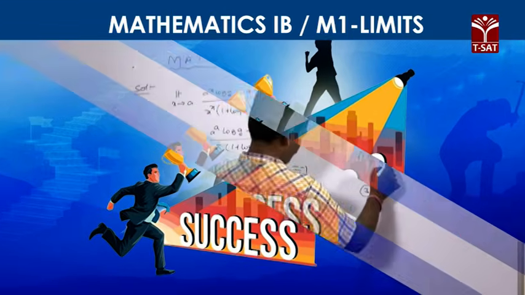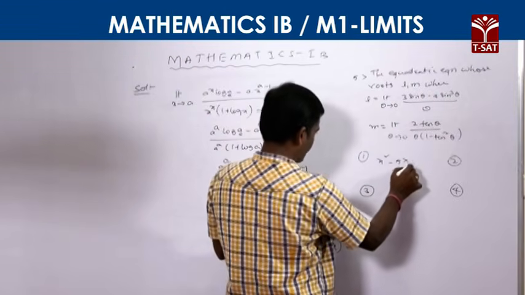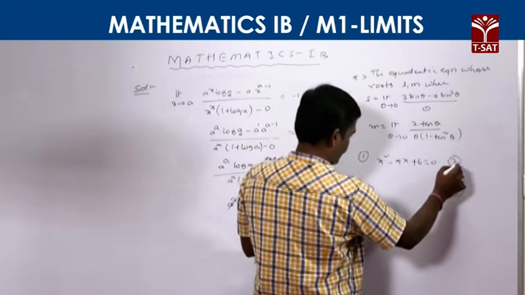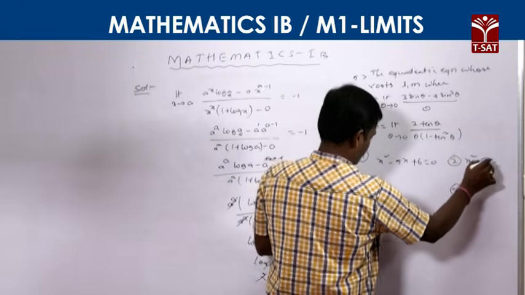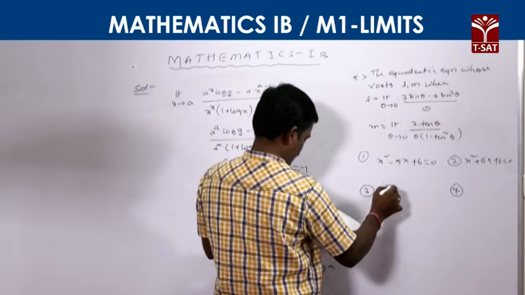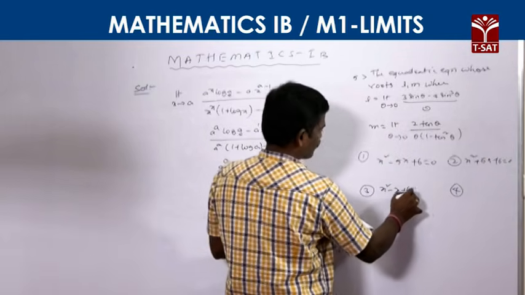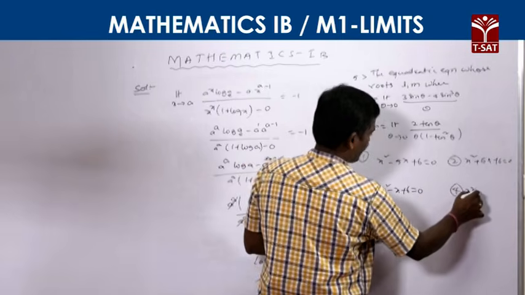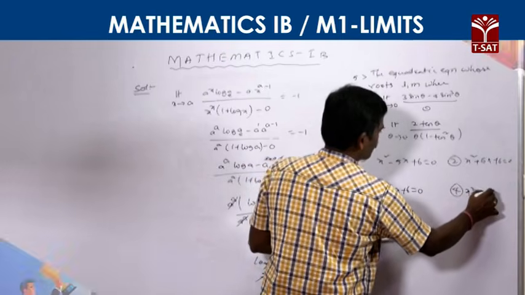Options: first option x square minus 5x plus 6 equals 0. Second option x square plus 5x plus 6 equals 0. X square minus x plus 6 equals 0.